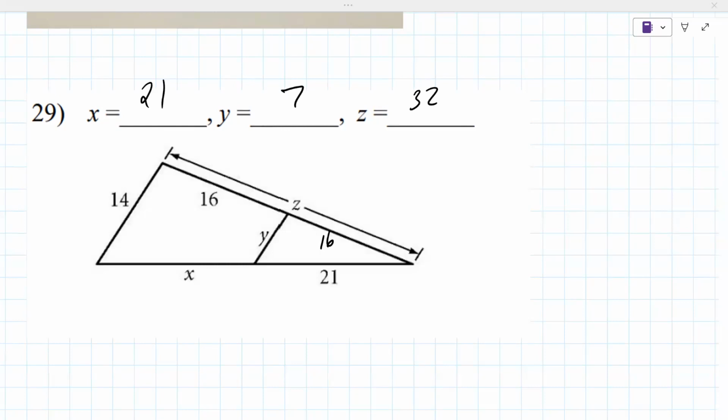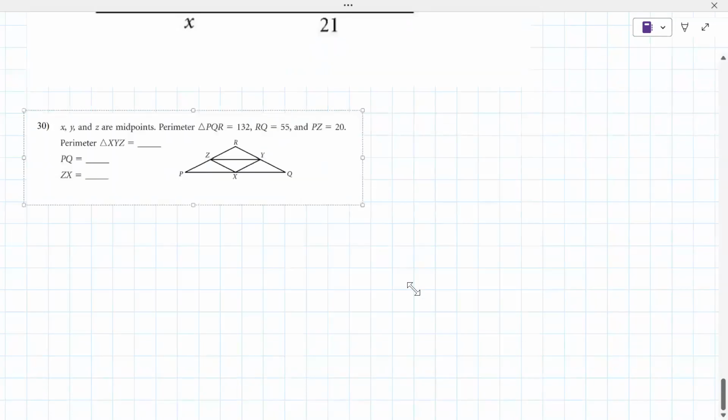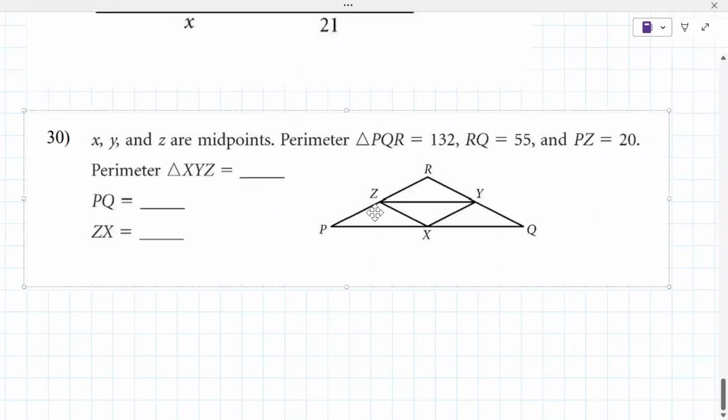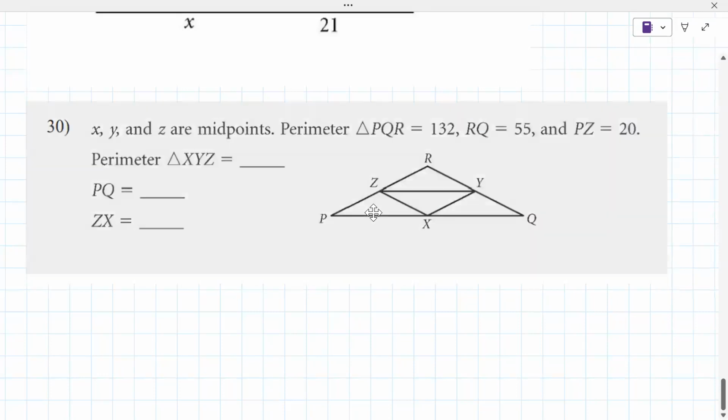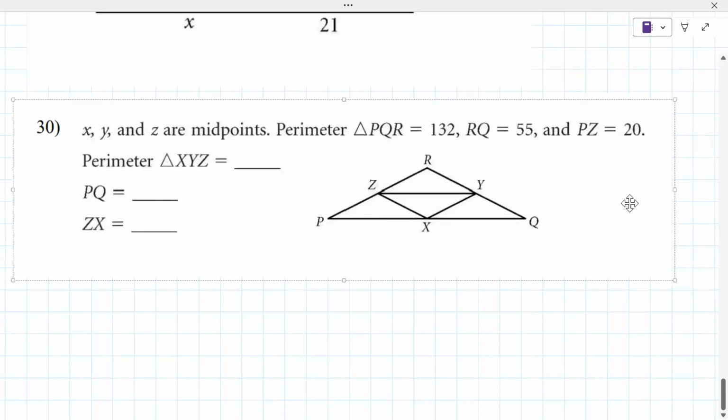All right. So here's another problem. X, Y, and Z are midpoints. So what that means is, and this will give it away, these are congruent.